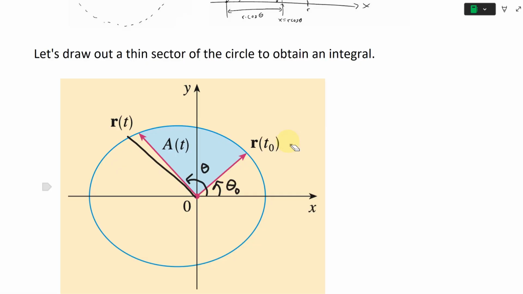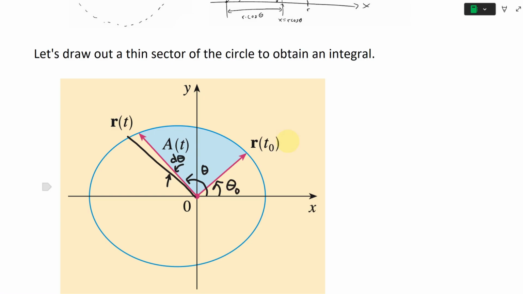Now let's say we go slightly further, and this is going to be an infinitely small wedge like this, and this is going to be d theta. So it's infinitely small. Let's make this a bit better.